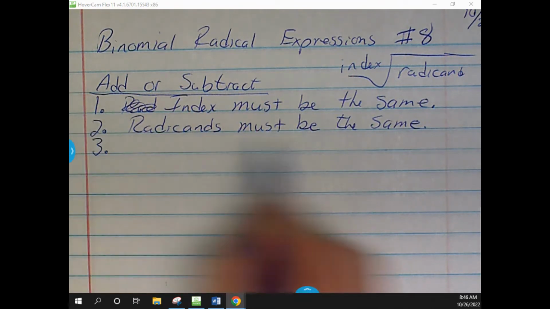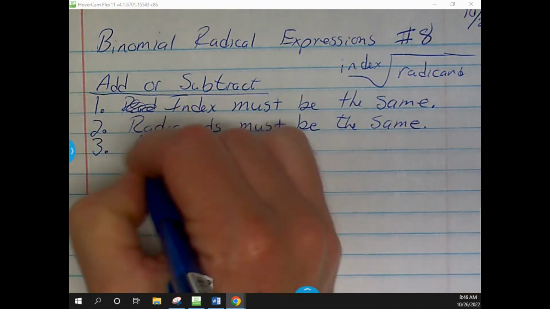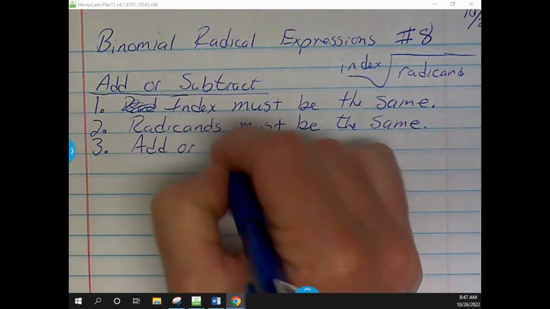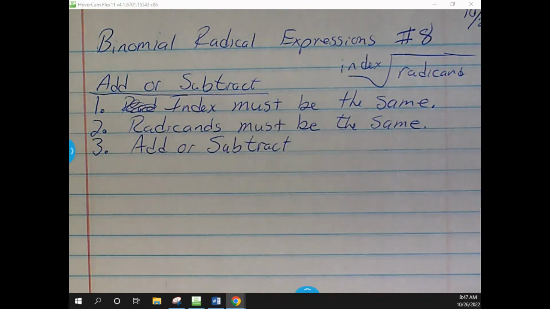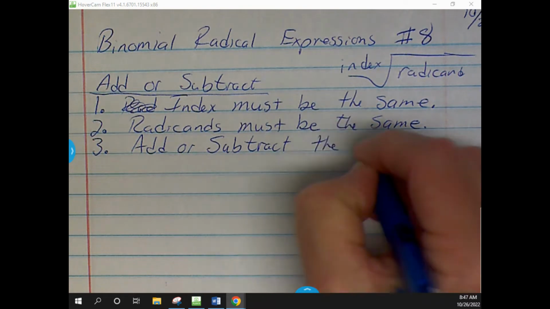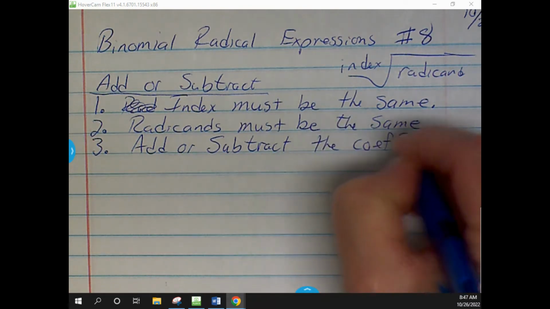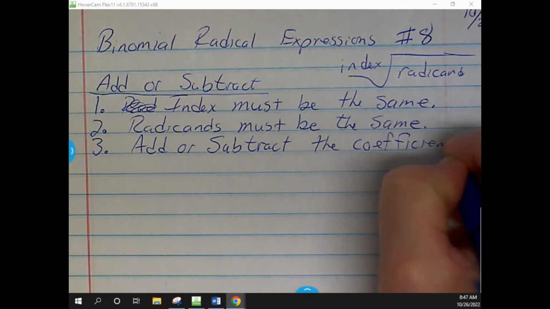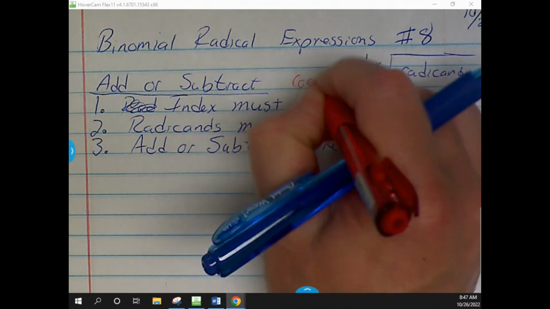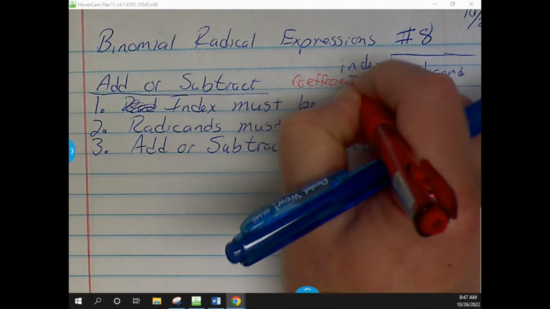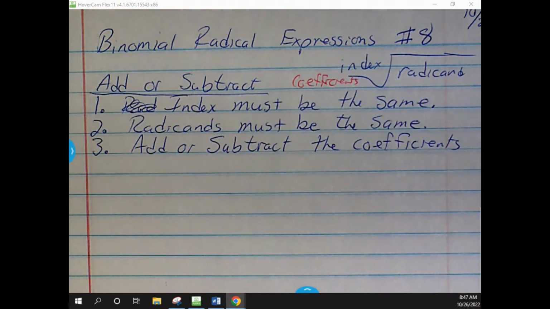Once the radicands are the same, you're either going to add or subtract the coefficients. Your coefficients are whatever's out in front of the radical part.